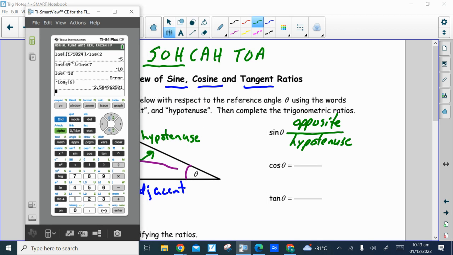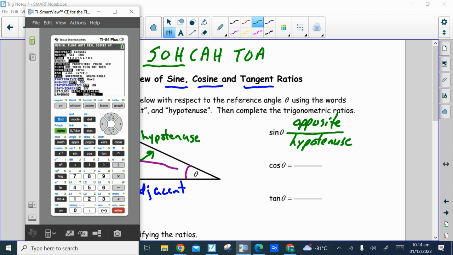now in order for this to work, your calculator must be in what's known as the degree mode. On my calculator, I have to press the mode button, and the third line down, I have either radians or degrees. My calculator must be in degree mode for this to work.